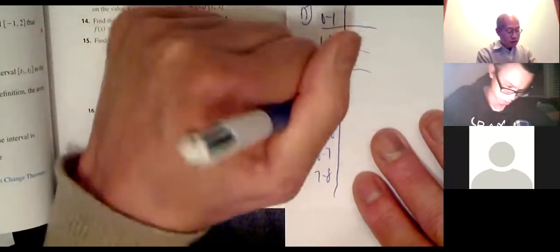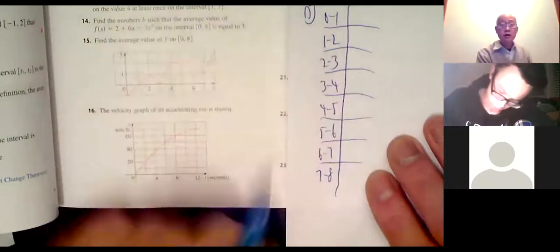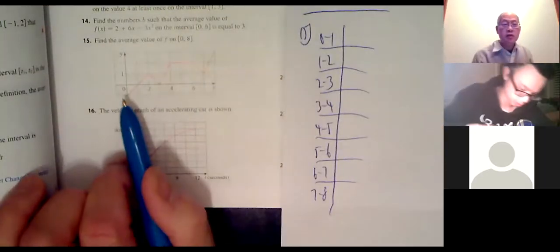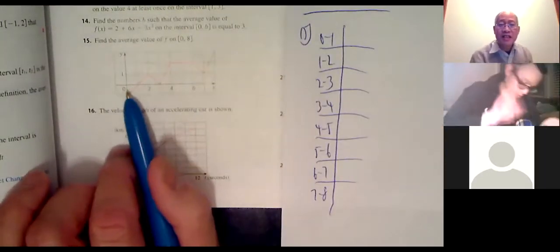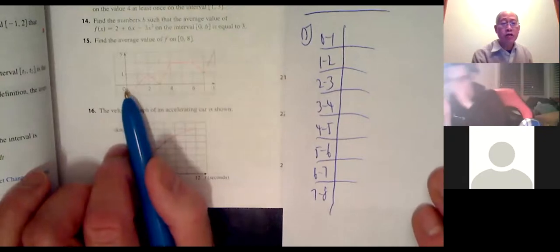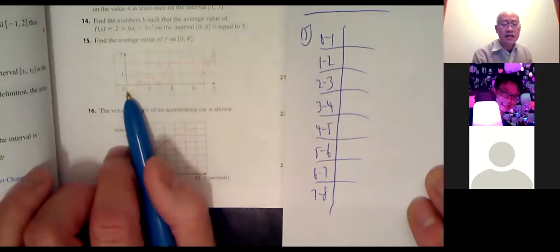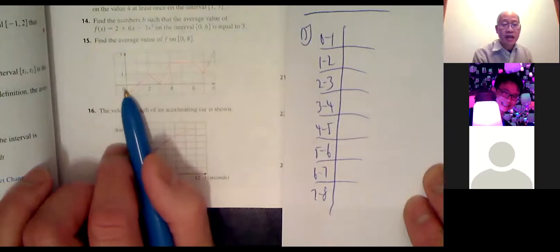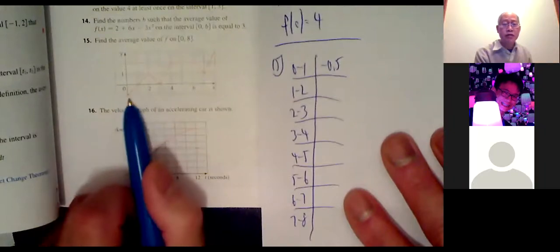I'll just make it into a table. Between 0 and 1, it's below the x-axis. You might recall from Calc 1, if it's below the x-axis, it's going to be negative, and that looks like half a unit, so negative 0.5.